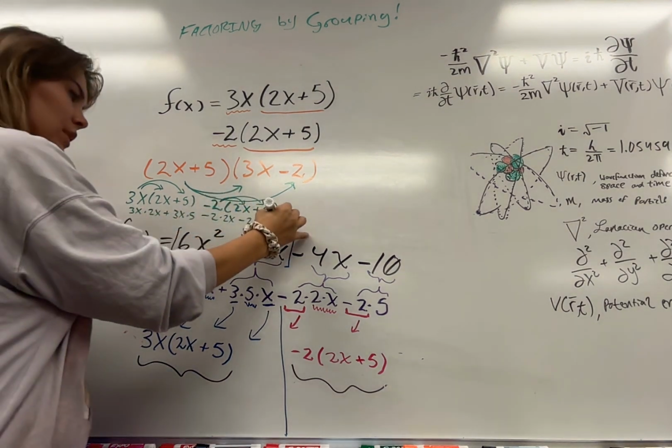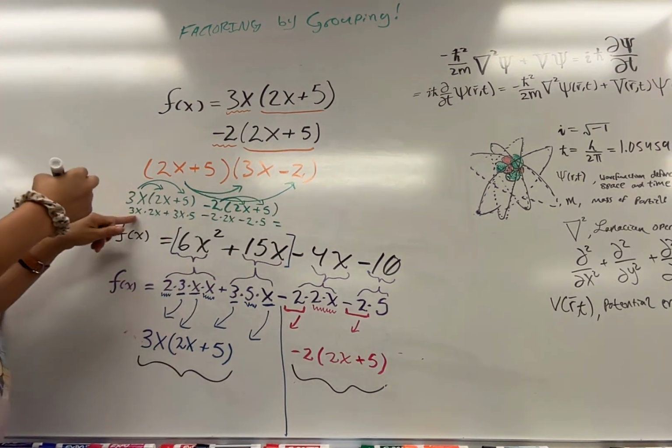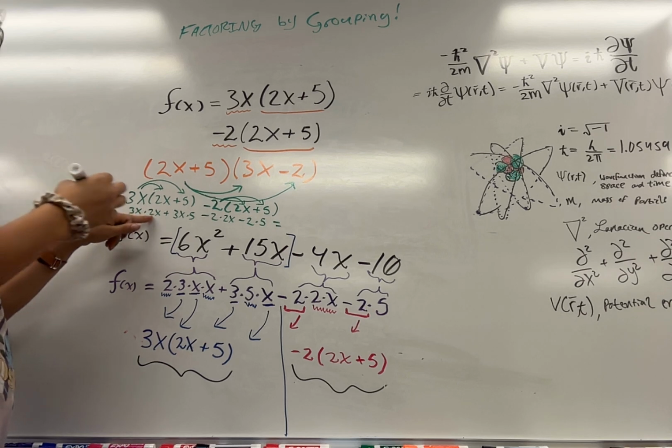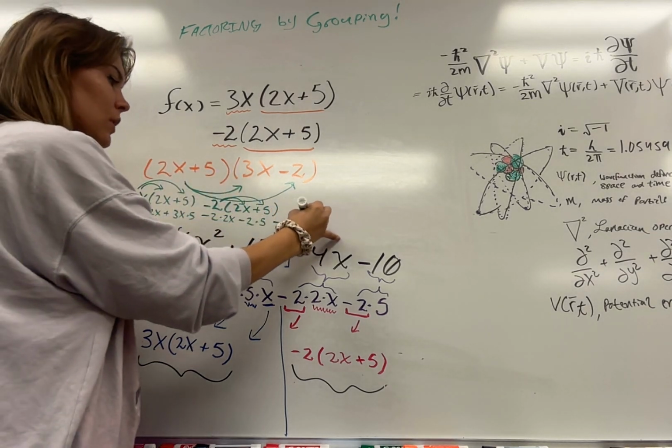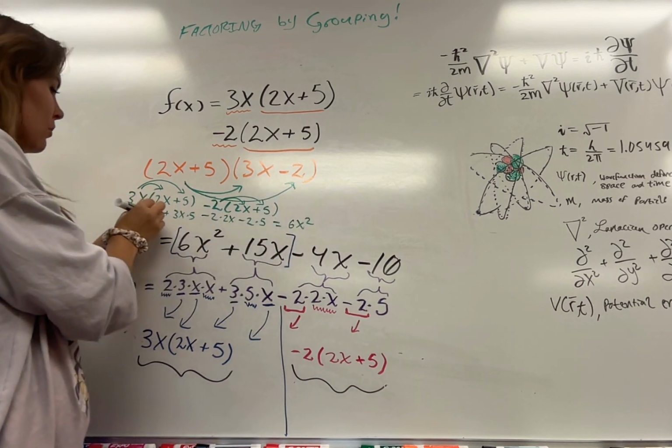And what that equals is, if we look here, 3 times 2 is 6, x times x is x squared, 6x squared, that first term.